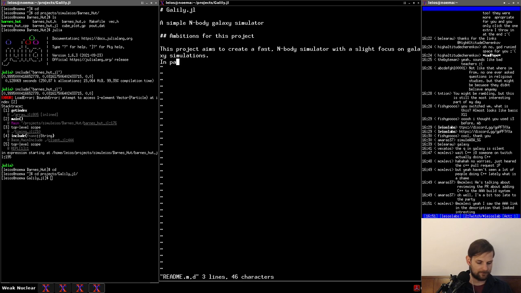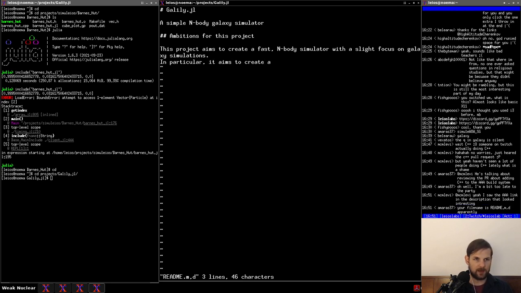In particular, it aims to create a 2D spiral galaxy from three-dimensional data and eventually be used for a 4D galaxy simulation.